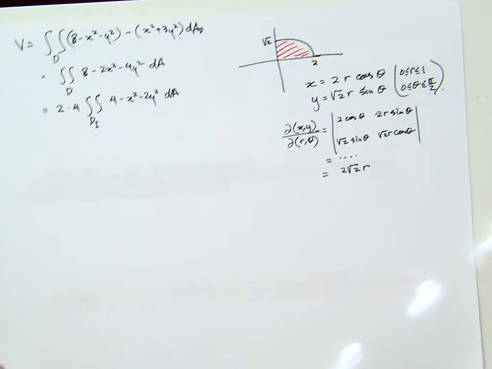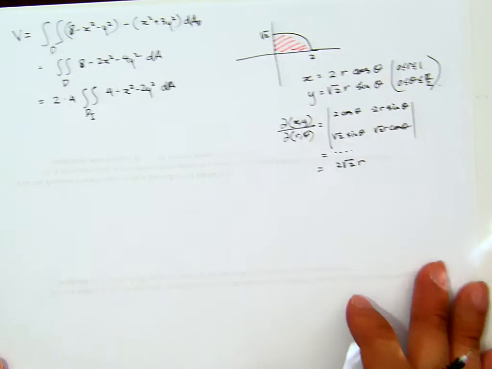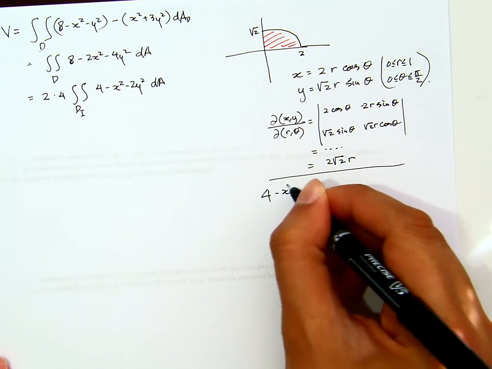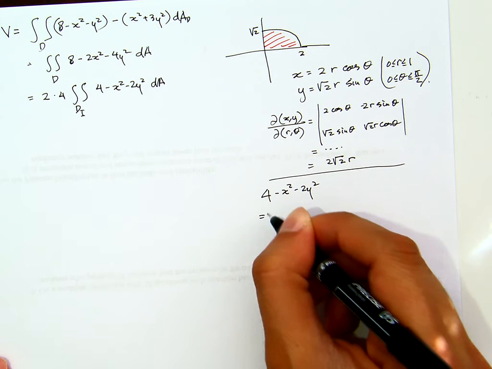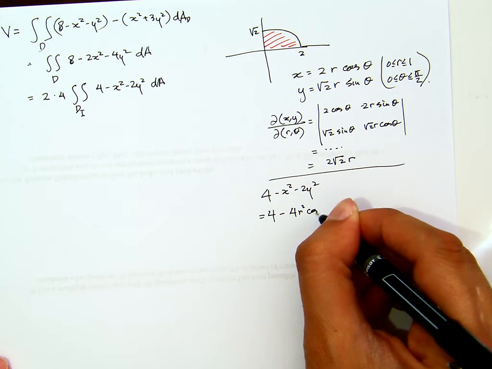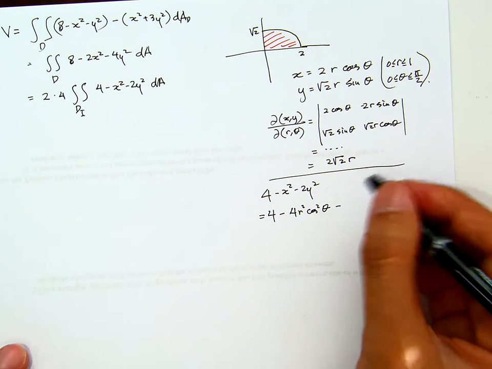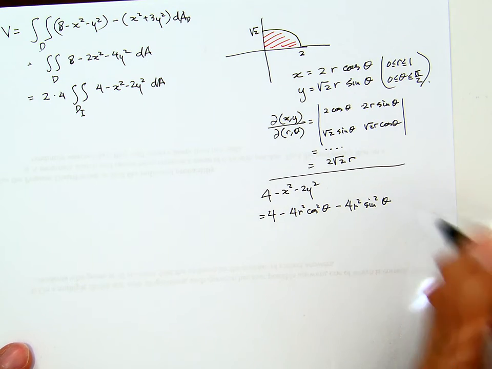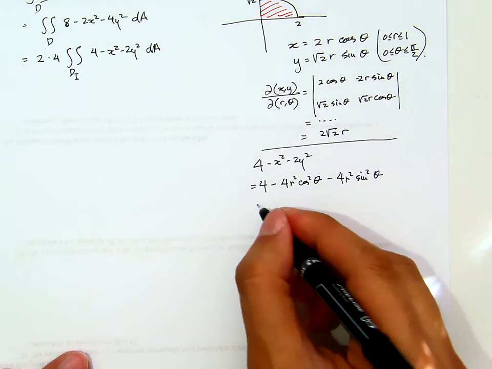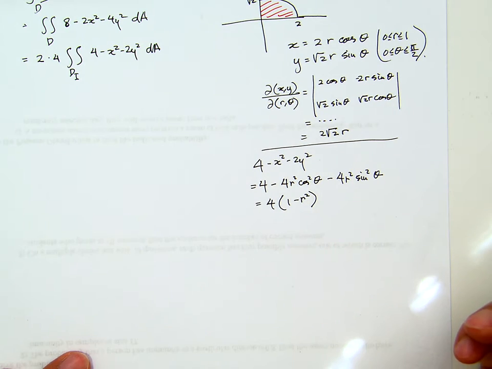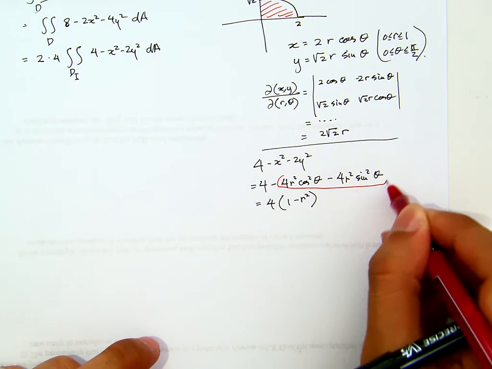At the same time, we have 4 minus x squared minus 2y squared. If I simplify that, x squared gives me 4r squared cosine squared theta, and 2y squared likewise gives me 4r squared sine squared theta, which later becomes 4 times 1 minus r squared, because this part becomes 4r squared.